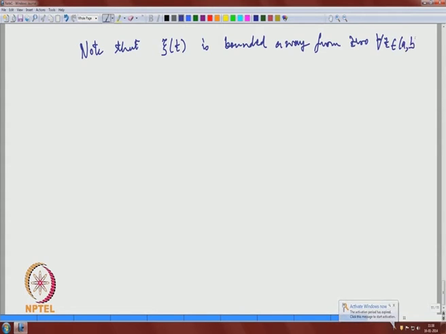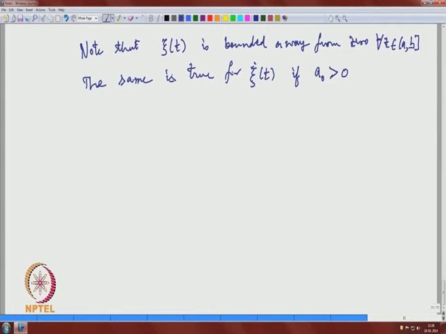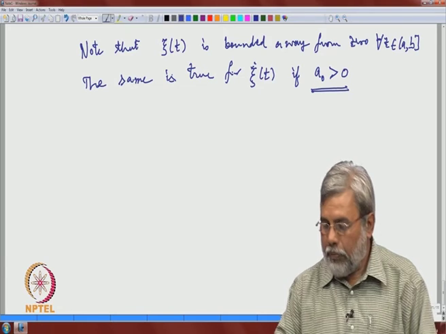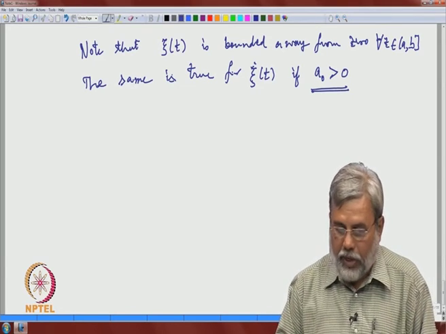Of course, we are just interested in the final point b. The same is true for j dot t if a 0 is strictly positive. So, the trouble occurs when a 0 is 0, and now again look at the conditions.